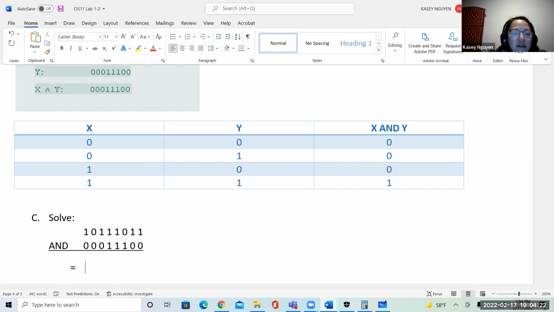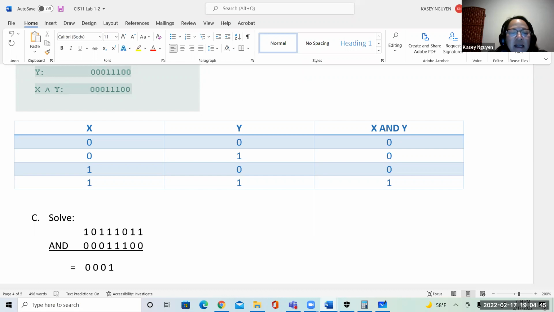Okay. So 1 and 0 is going to give you 0. 0 and 0 is going to give you 0. 1 and 0 is going to give you 0, because remember what I said, when there's a false or a 0 in the mix for one of the inputs, we're going to have a 0 or the false as the output. 1 and 1 is going to be 1.